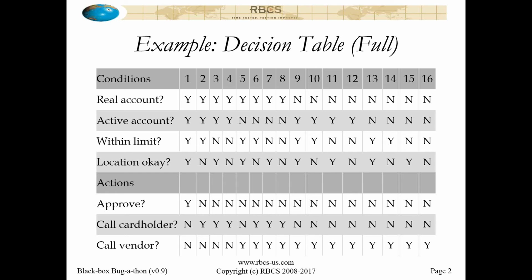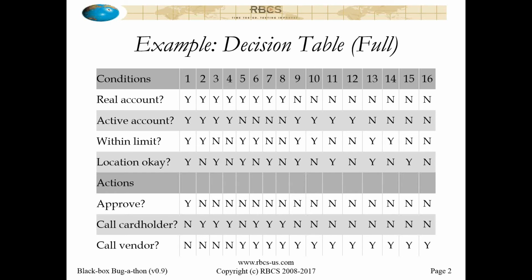For the top condition, there are 8 yeses and 8 nos, and then the condition below that, active account, 4 yeses, 4 nos, 4 yeses, 4 nos, and so forth. For within limit it is 2 yeses, 2 nos, 2 yeses, 2 nos. And then for location okay at the bottom, it's yes, no, yes, no, yes, no. That nice predictable pattern is valuable if you're going to construct a full decision table, so that you don't get lost and ask yourself, have I covered every possible combination?